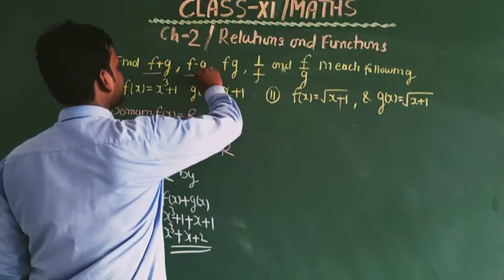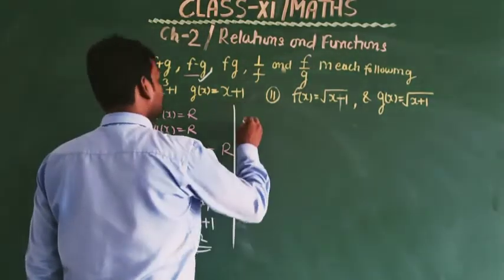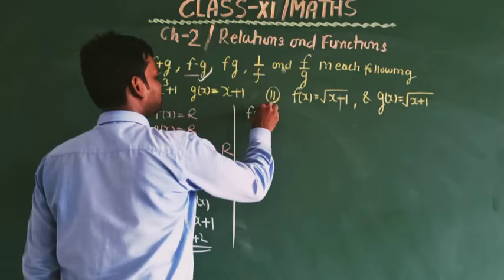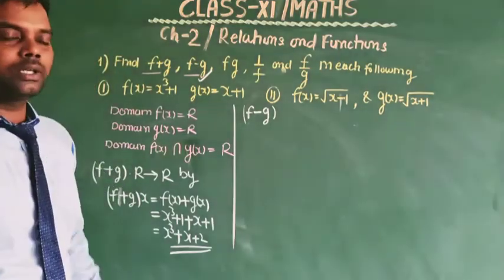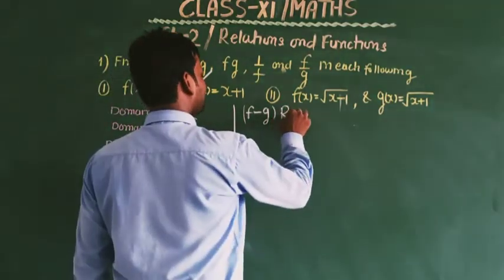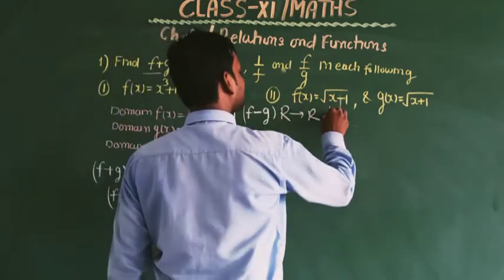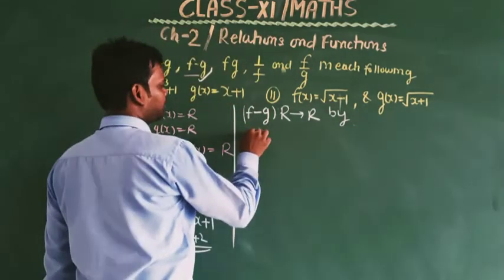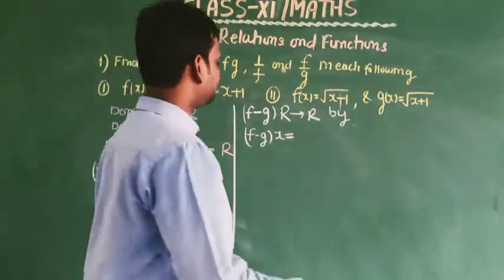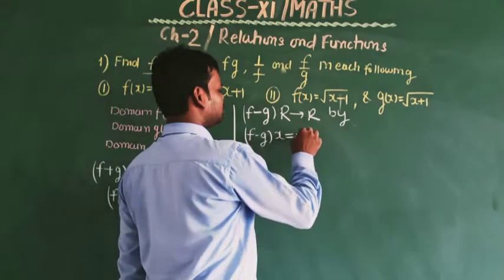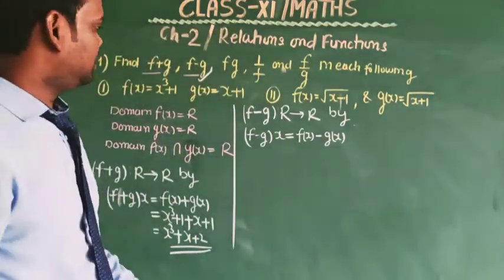The next we have to find is f minus g. The function f minus g, the difference of two functions, is defined from real numbers to real numbers by (f minus g)(x) equals f(x) minus g(x).